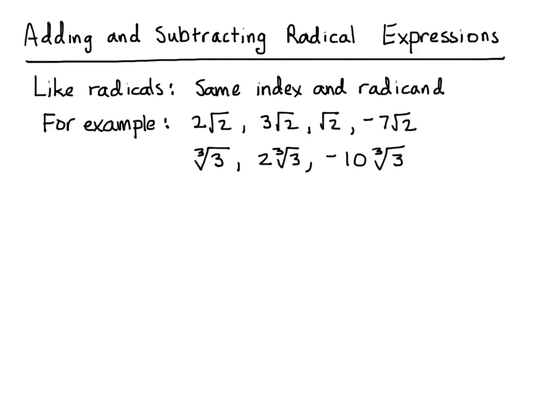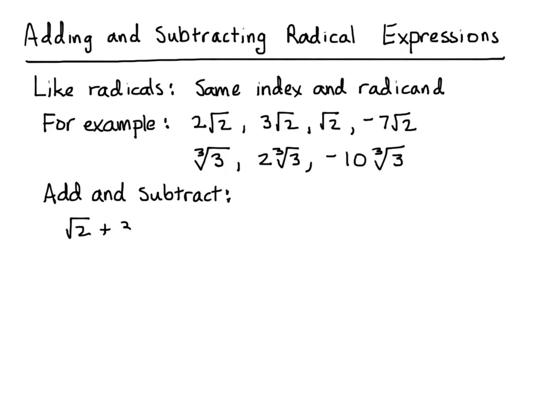Same index, same radicand. Another example with cube roots, the cube root of 3, 2 times the cube root of 3, and negative 10 times the cube root of 3 are all like radicals as well. And so we can add like radicals and simplify expressions that way.